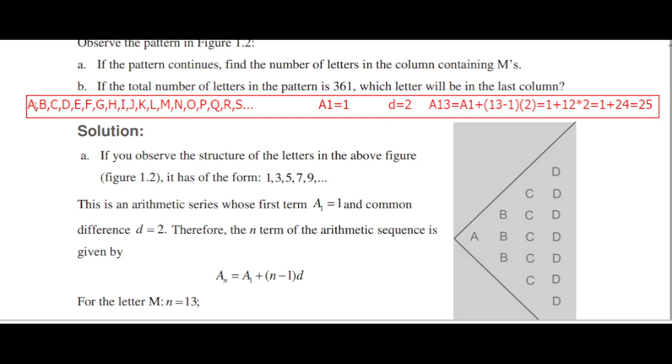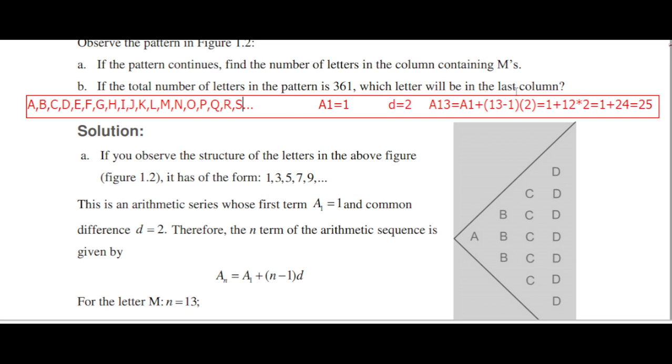So let's count it. A, B, C, D, E, F, G, H, I, J, K, L, M, N, O, P, Q, R, S. 1, 2, 3, 4, 5, 6, 7, 8, 9, 10, 11, 12, 13, 14, 15, 16, 17, 18, 19.